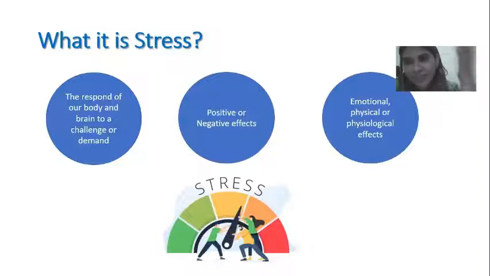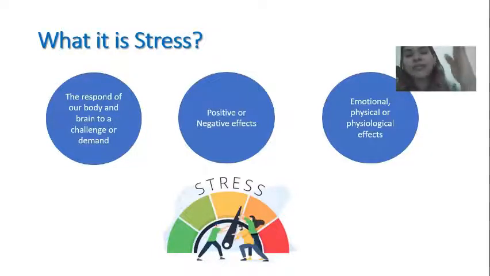But what is stress? Here we have three circles with information about what stress is. The most common definition of stress is the way that our body and brain respond to a challenge or demand. As we are seeing in the picture in the slide, there are levels of stress.